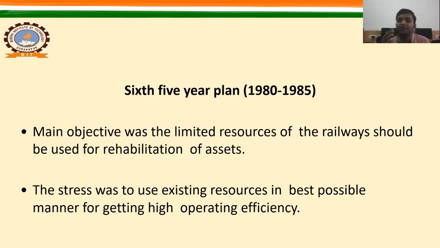So this sixth five-year plan ranges between 1980 and 1985, and the major objective was to use the limited resources for rehabilitation of assets and the existing resources in the best possible manner for higher operating efficiency.